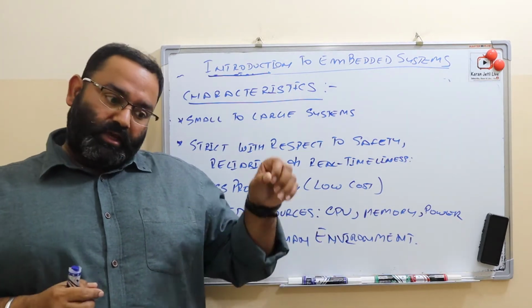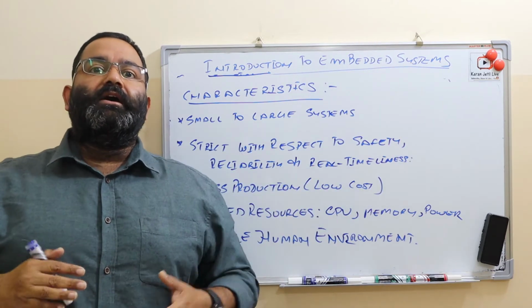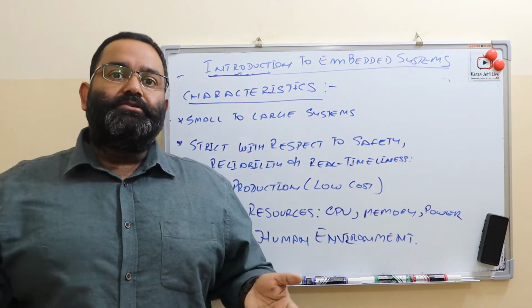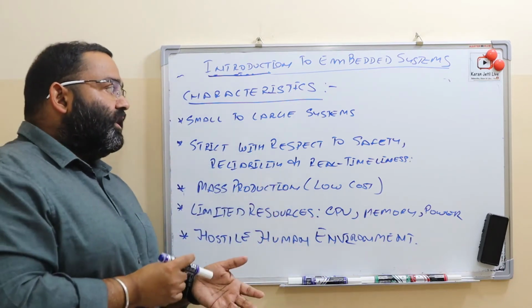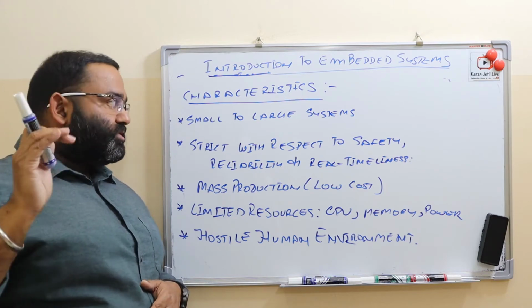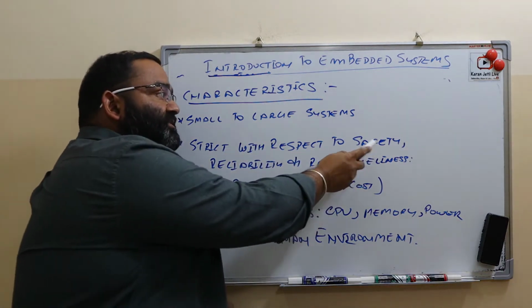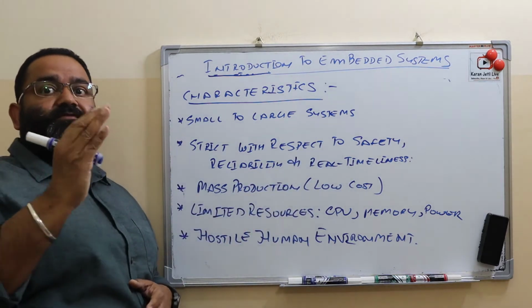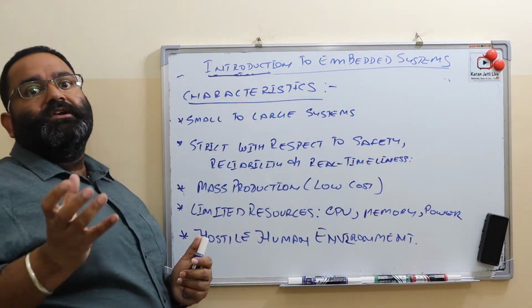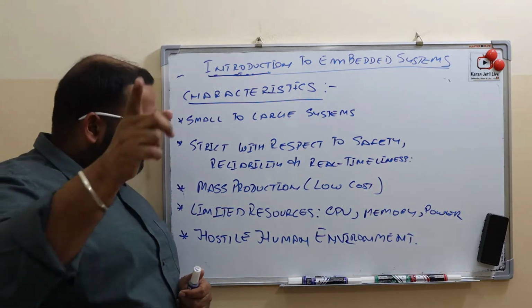So they can be as small as a microwave, and as large as a fully automated industrial production system. They are also very strict in respect of safety. They have very strict safety features because the full device is dependent upon them. So the safety cannot be compromised.